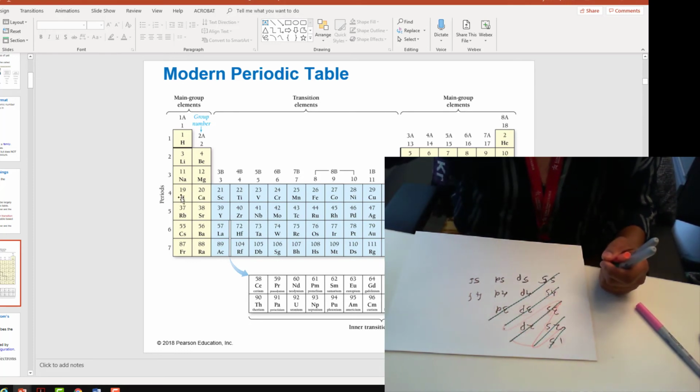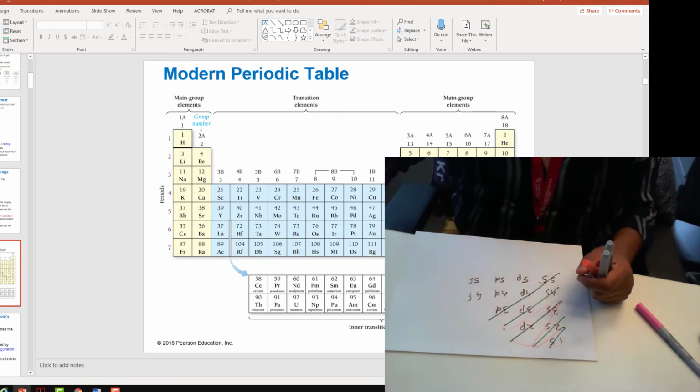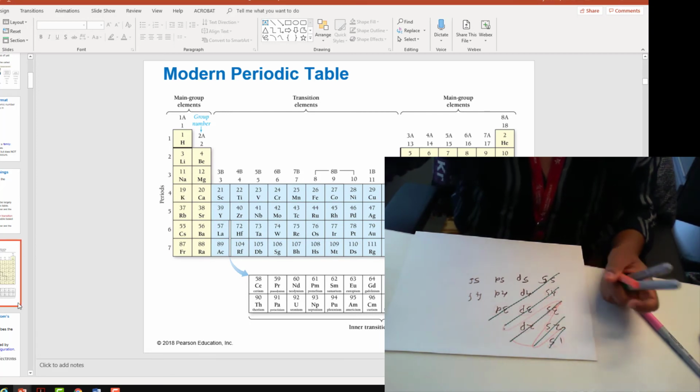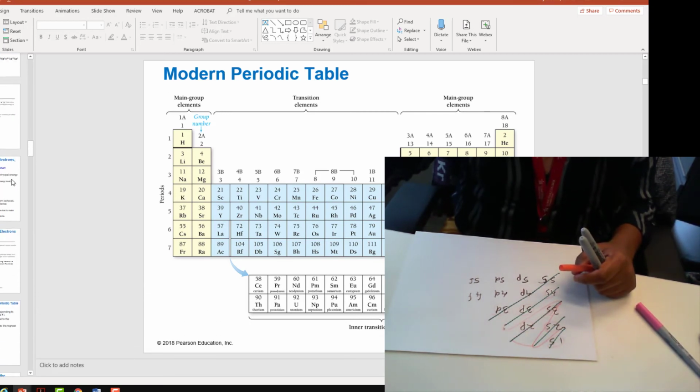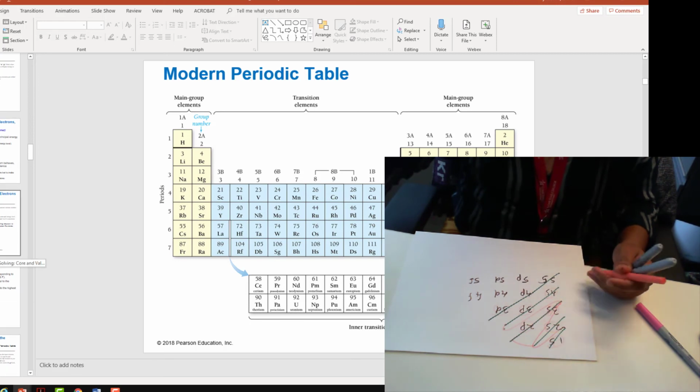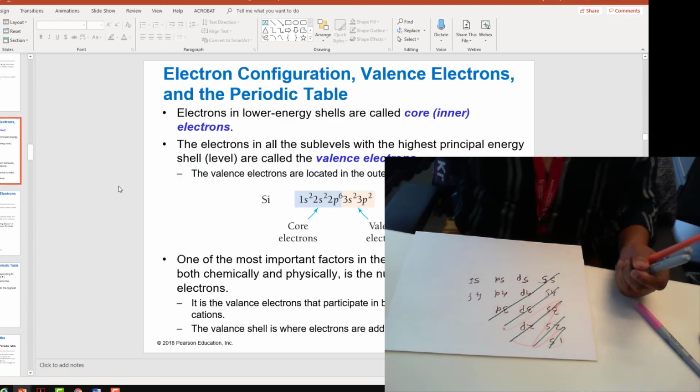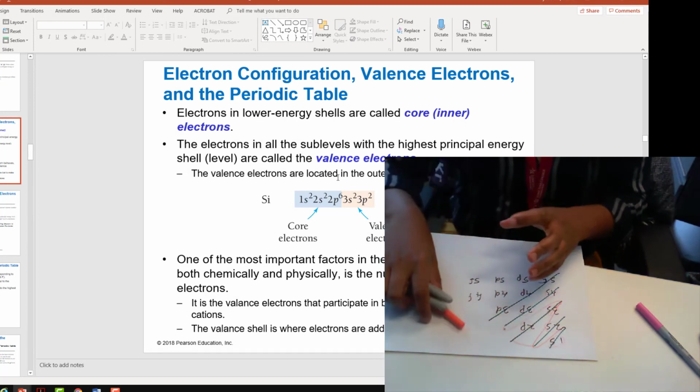And then instead of writing everything, you write the closest previous noble gas, so 18 electrons gone, argon in brackets, 4s2. That is another way, both ways correct. I accept both ways.